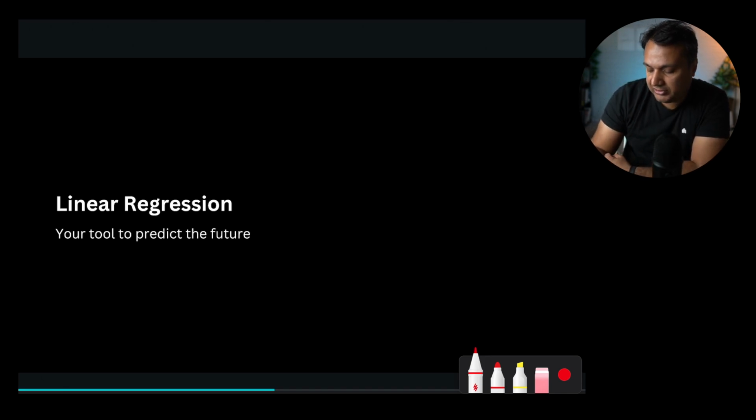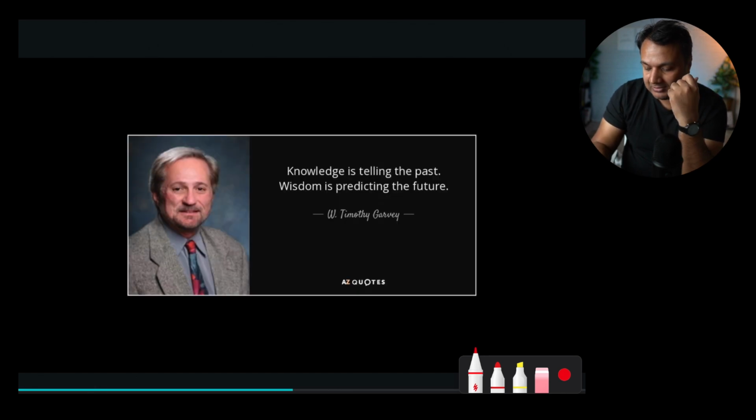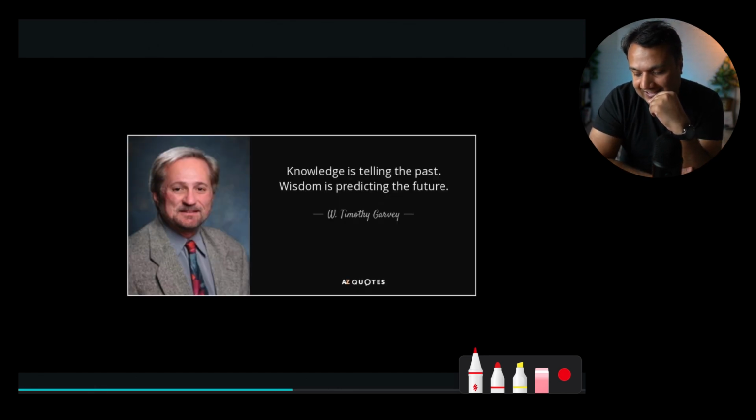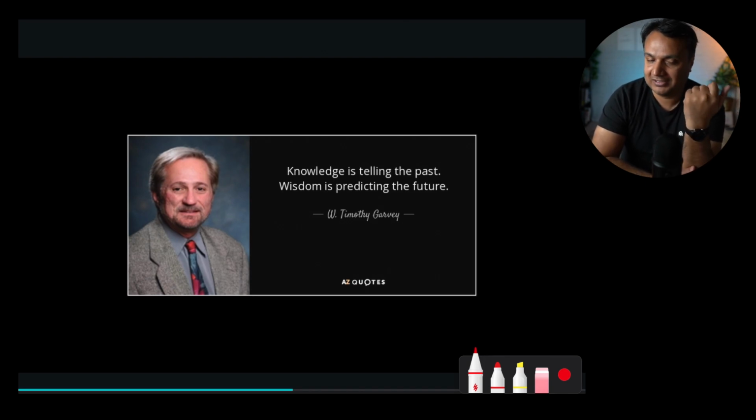So linear regression is the tool which you can use to predict the future. Very, very powerful tool. And I want to start with this quote that knowledge is telling the past. Anyone who has knowledge can tell what happened in the past.